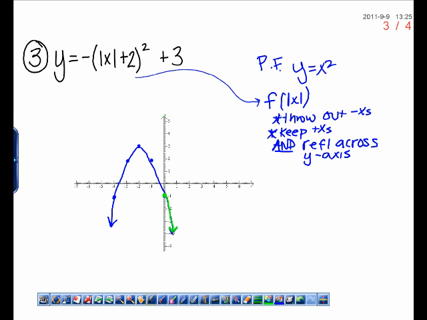Reflect them across the y-axis. That's our final graph. Is it just the left side? Nope, it's everything in green. Everything in green is the final graph.